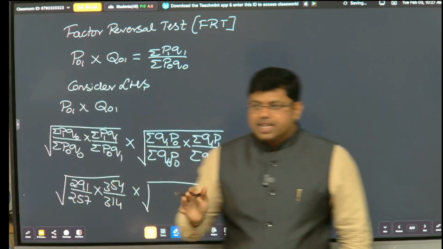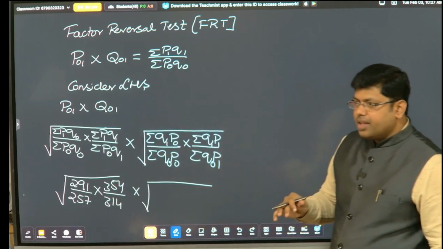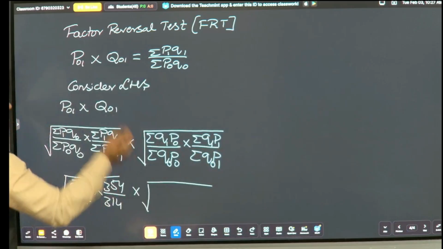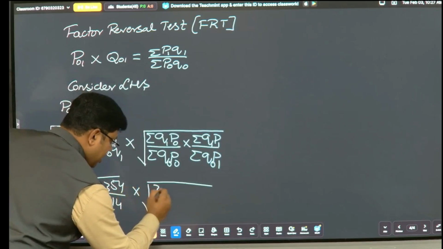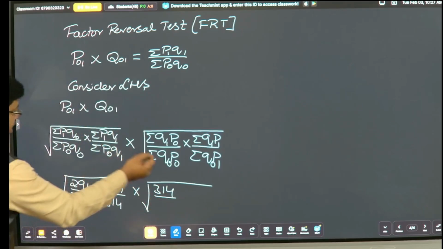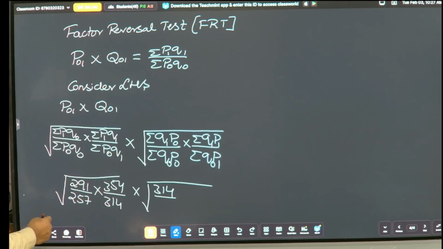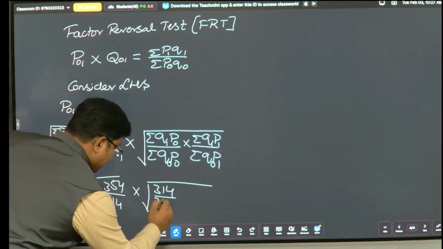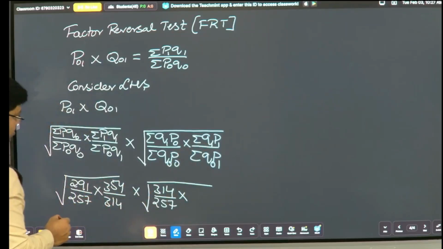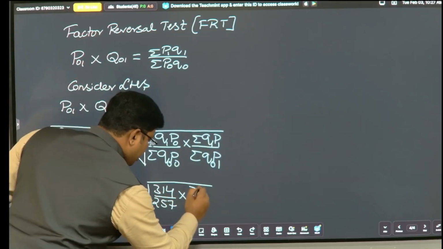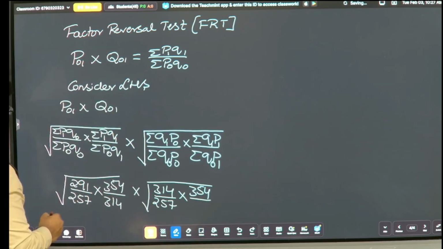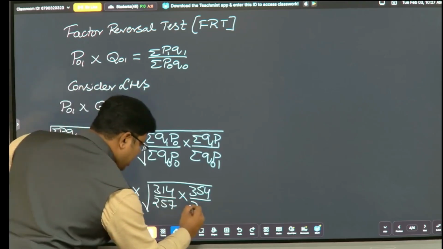So what is the total of Q1 P0 from the table? 314. Next, P0 Q0, that is Q0 P0, 257, into Q1 P1, 354. The last one, Q0 P1 is nothing but P1 Q0, 291.